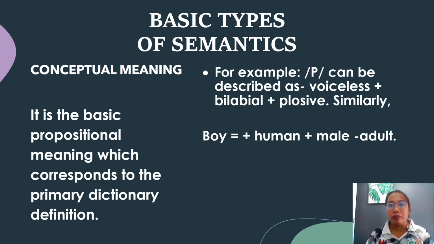For example, the letter P can be described as voiceless, bilabial, and plosive. Similarly, the word boy is described as human and male, but not an adult. In short, it is the literal meaning of the word, indicating the idea or concept to which it refers.